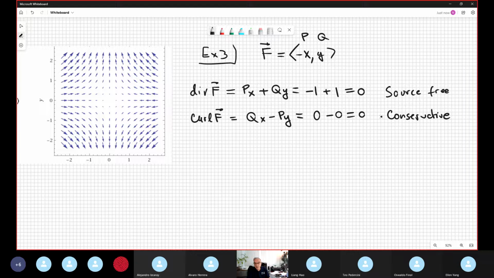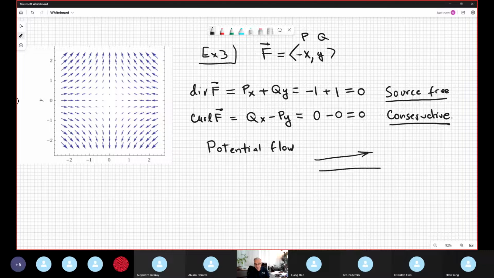But this is more special because it's conservative and source-free together, which is called, in fluid mechanics, potential flow. Potential flow is a completely source-free vector field.